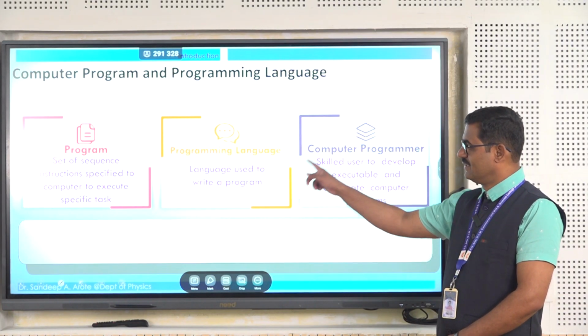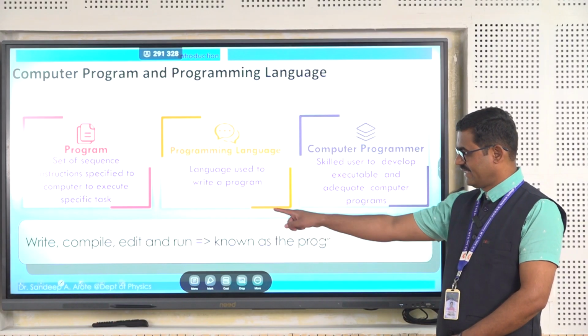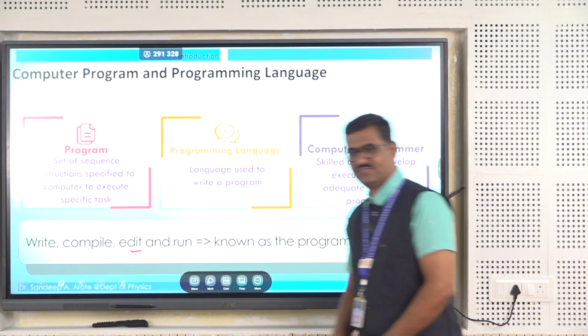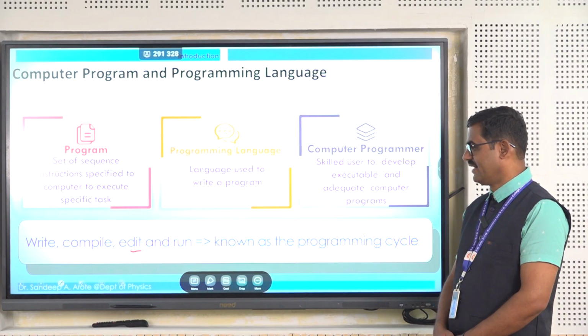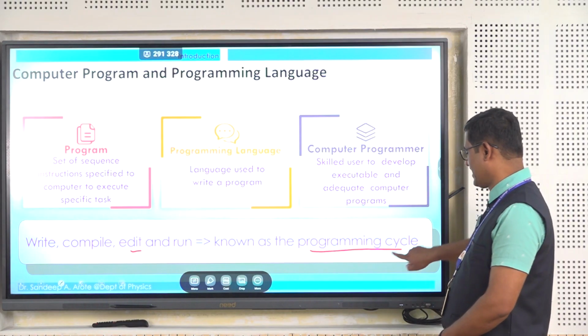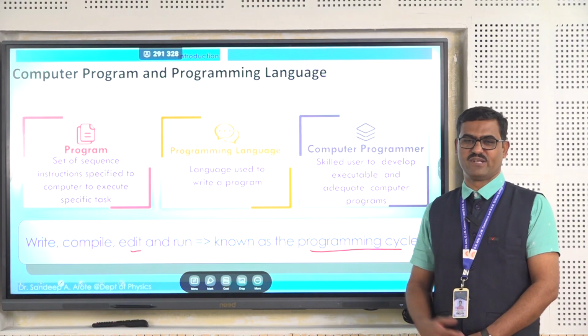So, the programming cycle is: write a program, compile it, edit if some errors are there, compile it again, and run. This is known as the programming cycle for any program.